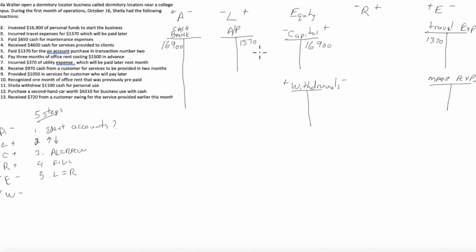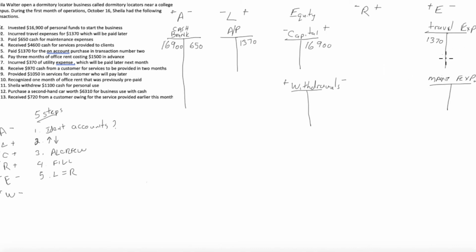All right. So paid. So did it go up or did it go down? If we paid something, we took money out of the bank. So it went down $650. And it was for maintenance expense.